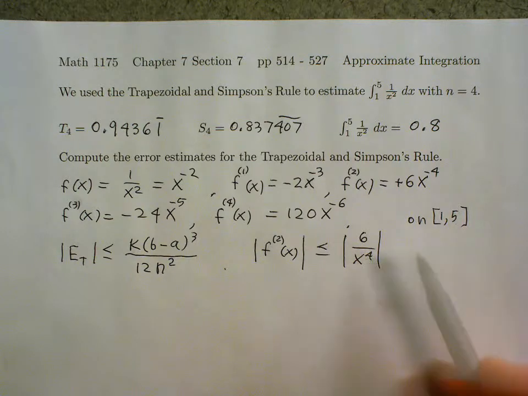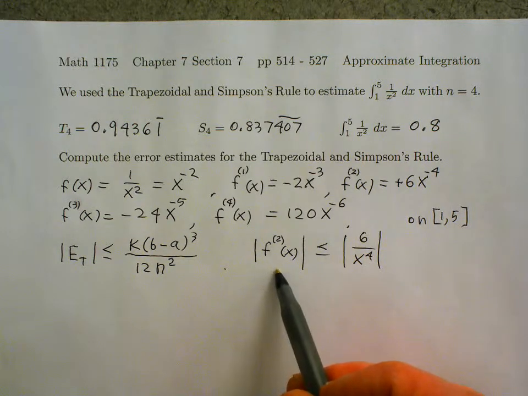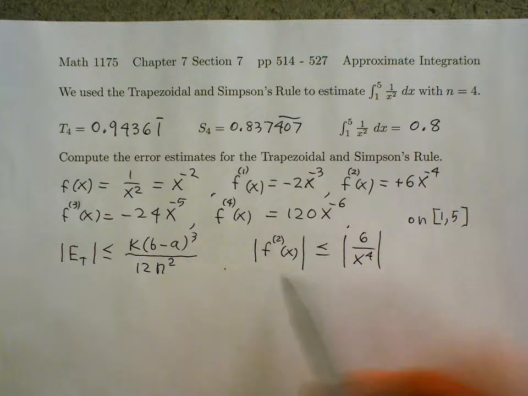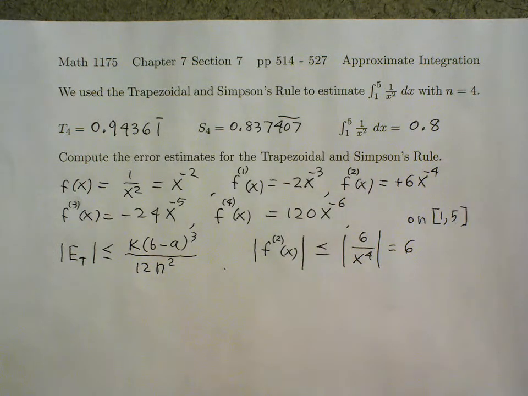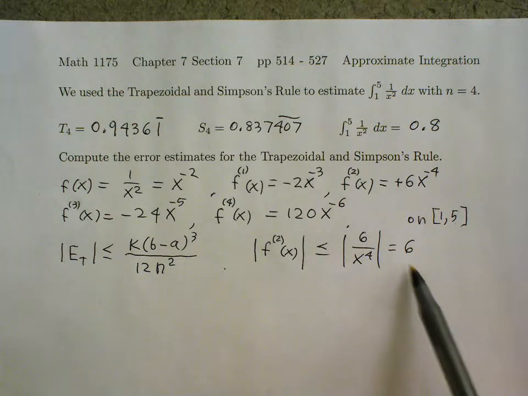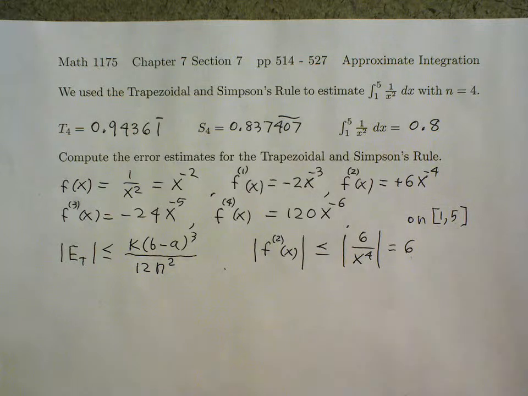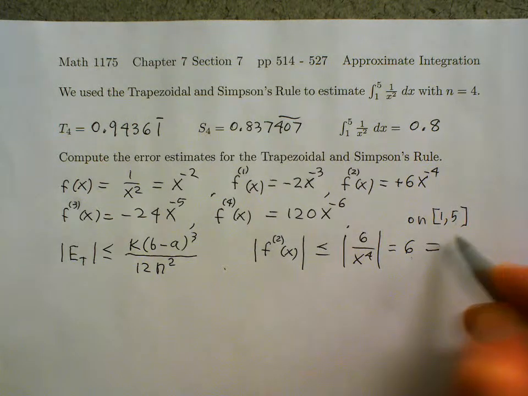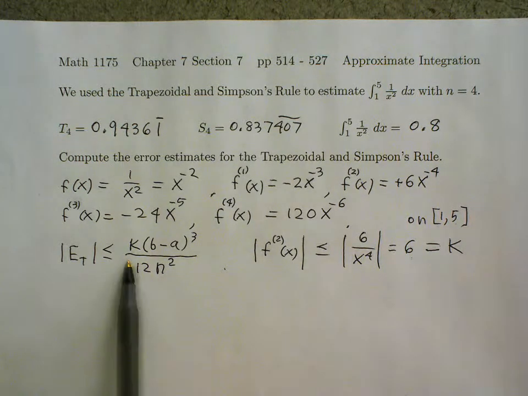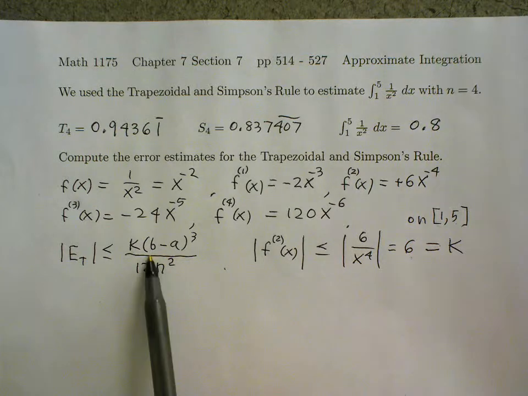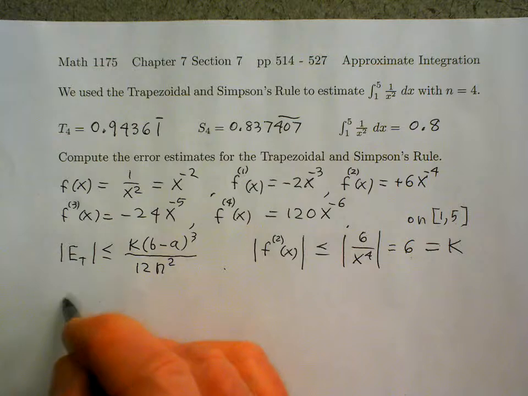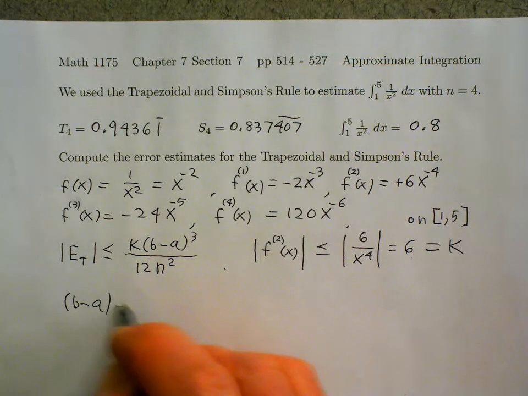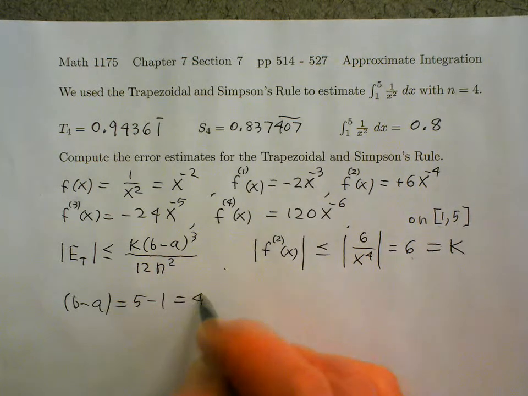So the second derivative will be less than or equal to 6 for all values of x on that interval. So this is our k value for our error estimate. B minus a is 5 minus 1, or 4.